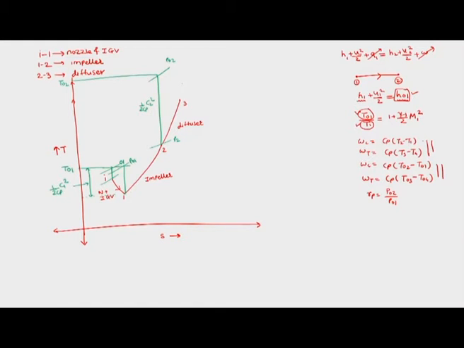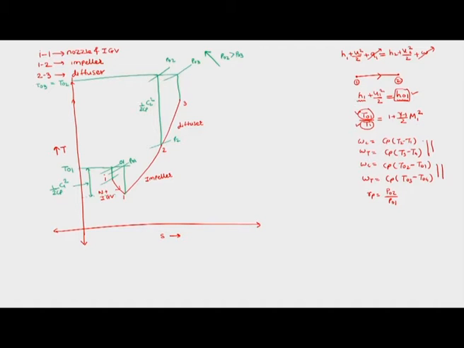Similarly, if we stop isentropically at point 3, then we also get the same total temperature, which is T02 equal to T03, since there is no work interaction between 2 and 3. The flow is going through the diffuser, but there is loss in total pressure due to friction, so P02 is greater than P03.